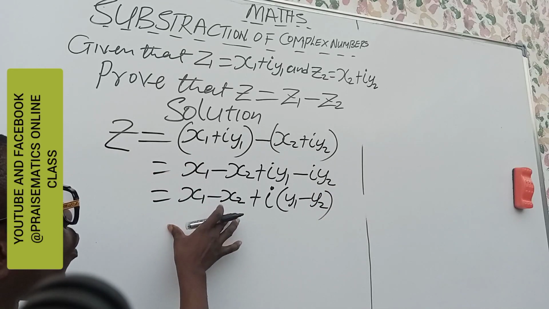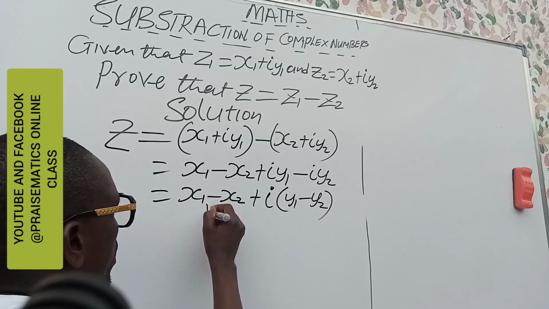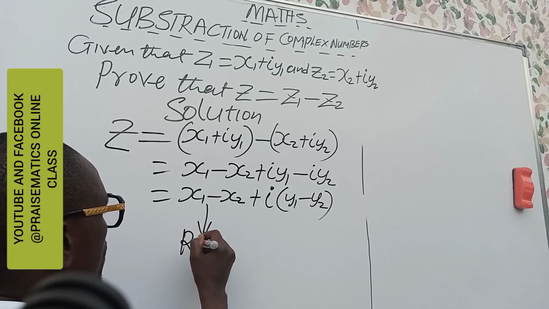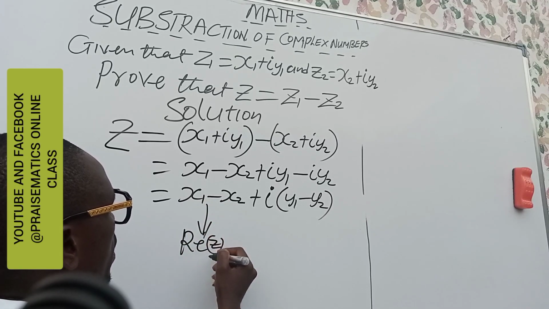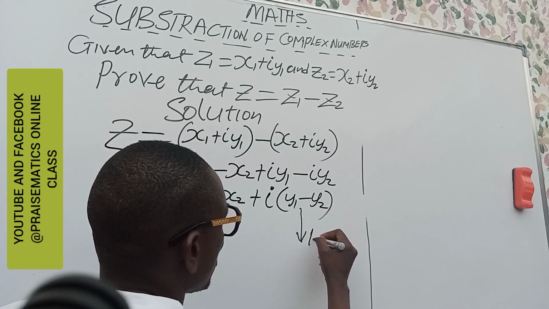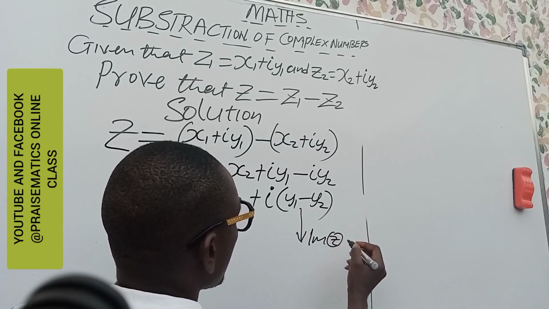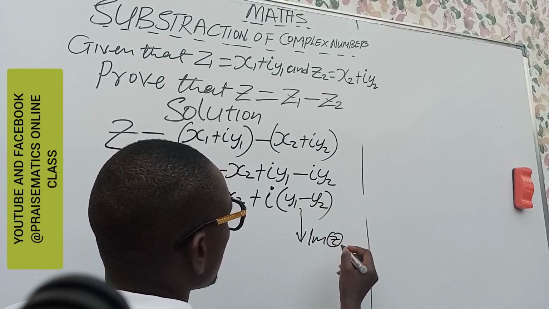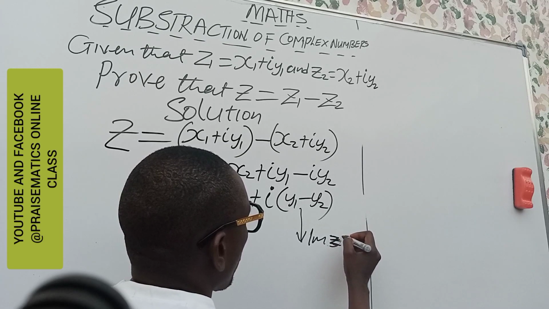Finally, we have the real part, which is denoted by Re z, and this one, which is the imaginary part, denoted by Im z.